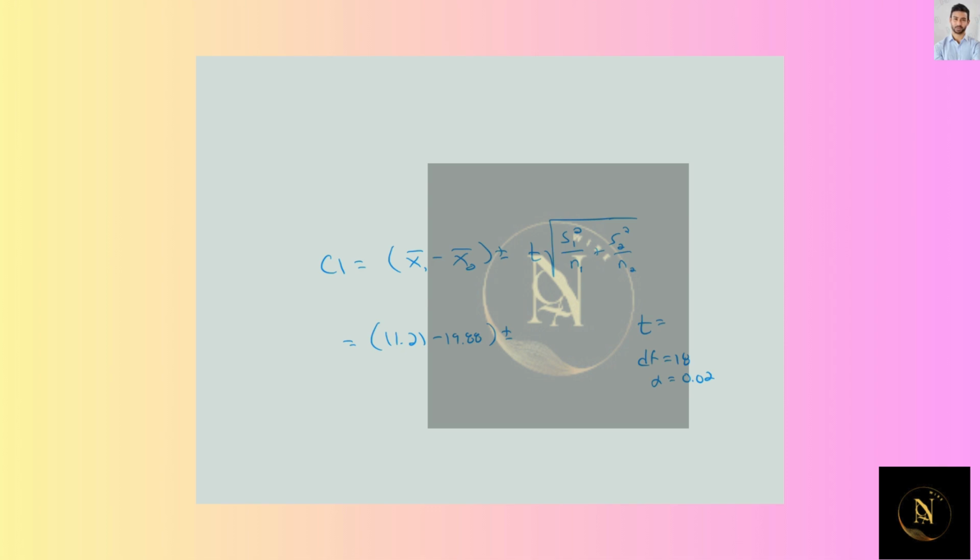And so our critical t from the t-student distribution with 18 degrees of freedom, significance of 0.02 is 0.25524.